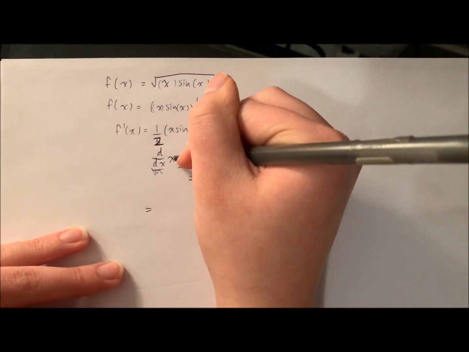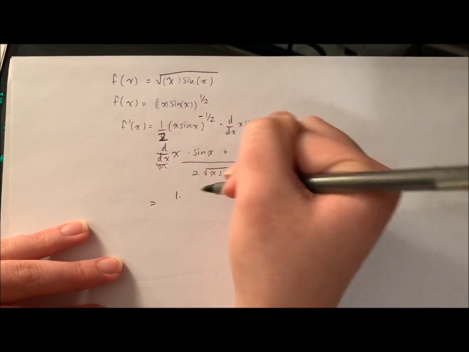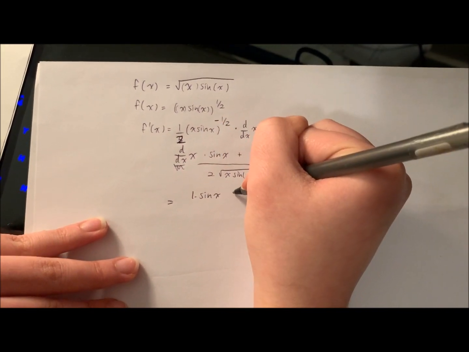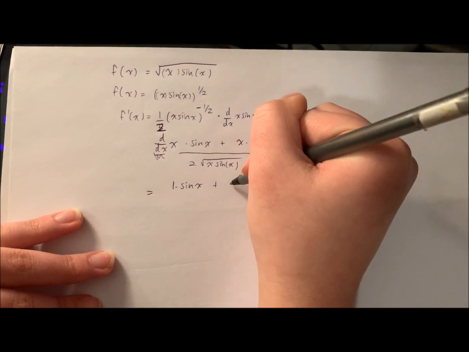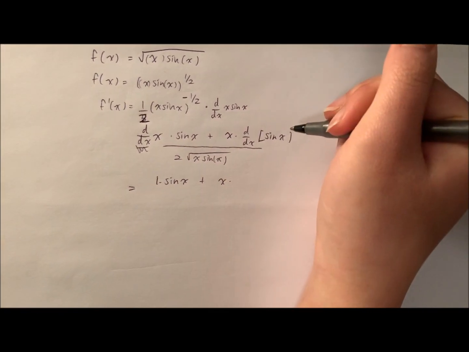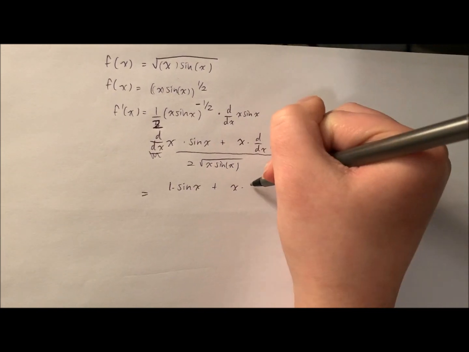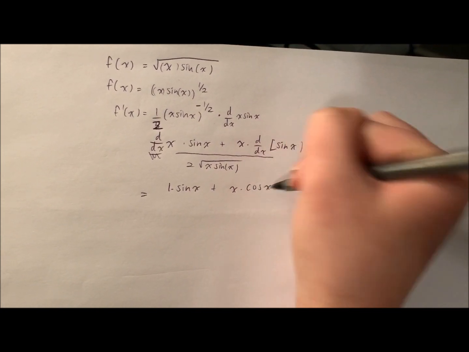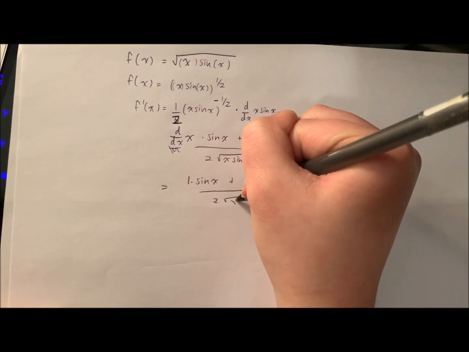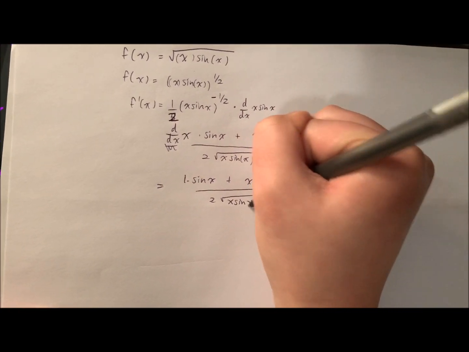And this derivative of x is just 1. And then there's just sine x right there. Plus x times sine x. Sine x derives to cos x. All over still 2 times root of x sine x.